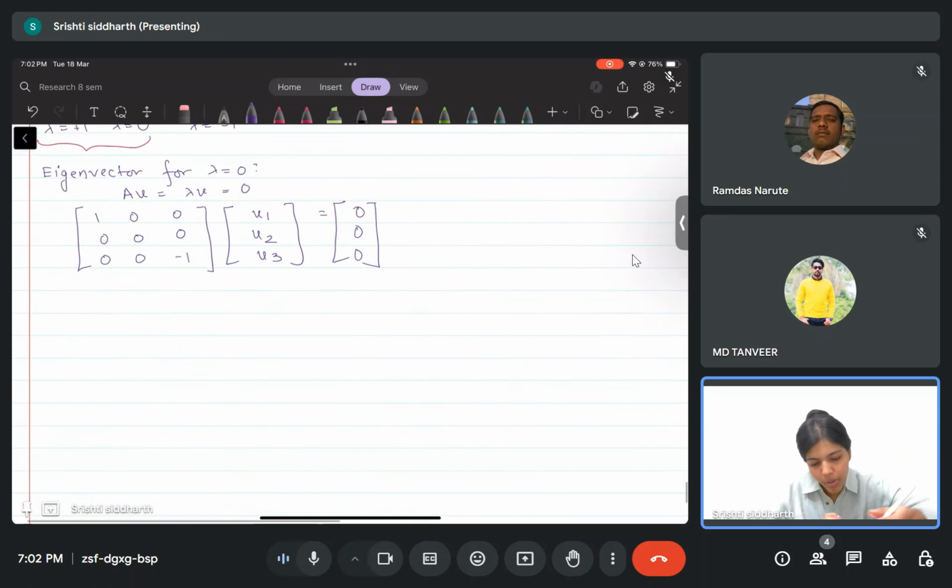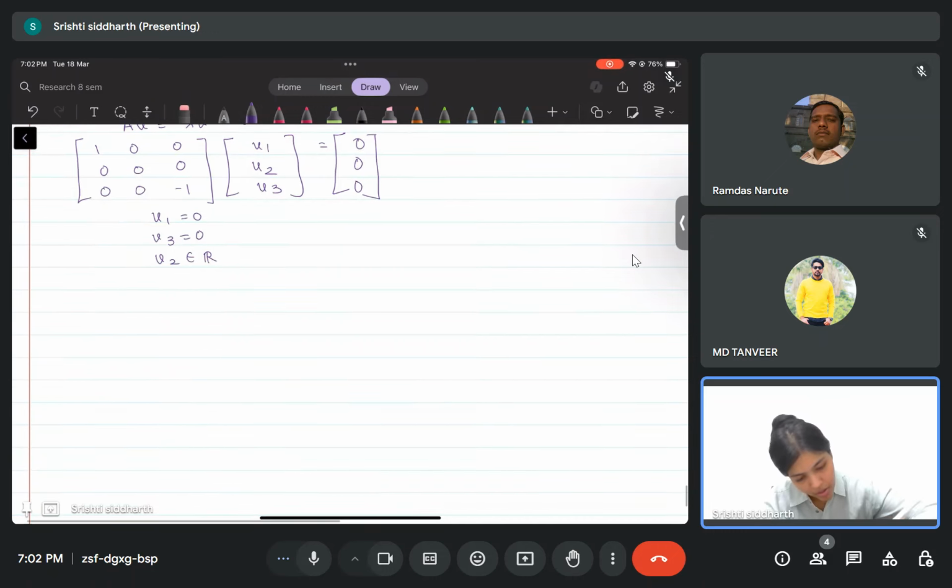So the first equation implies that v1 is 0 and the third equation implies that v3 is 0. And since we don't have an equation on v2, we can simply say that v2 can be any real number. So the eigenvector corresponding to 0 is 0, a, 0, where a belongs to R.